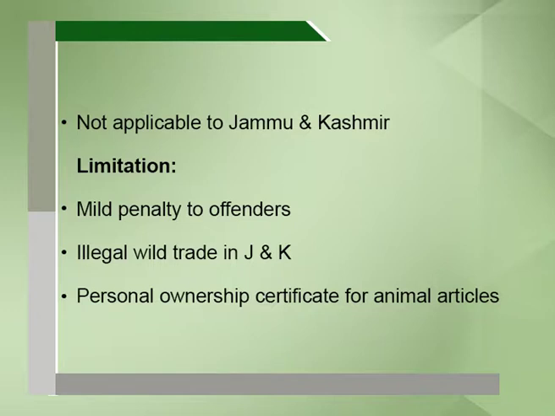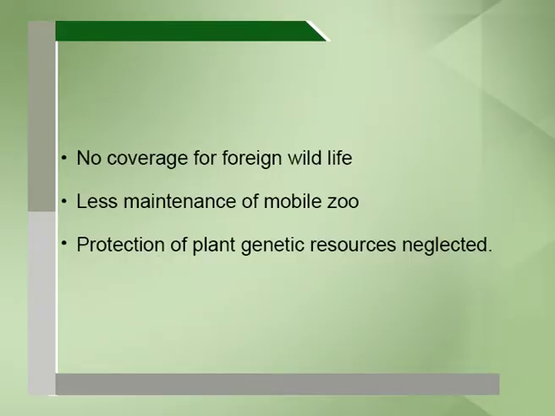So there is illegal wild trade there, and we don't have any control over it. One more limitation is that there is a personal ownership certificate for animal articles like leopard as well as deer skins, and some ornamental plants also. These are some of the limitations existing in this act. There is no coverage for foreign endangered wildlife species, and there is little maintenance of mobile zoos.